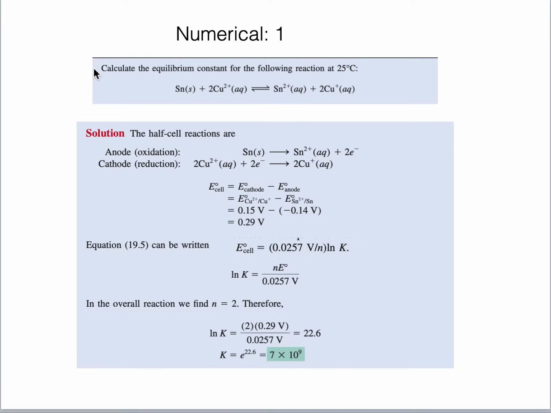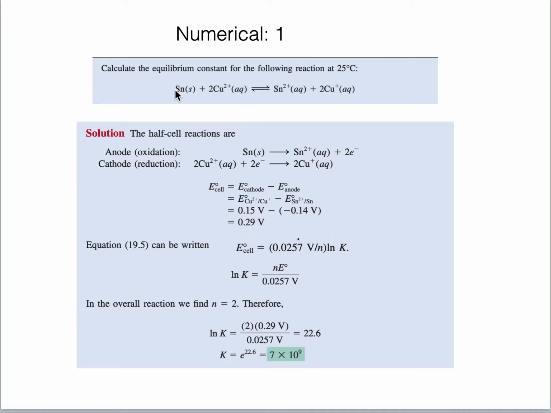Now, the first numerical is to calculate the equilibrium constant for the following reaction at 25 degrees centigrade. 1 mole of stannous solid is reacting with 2 moles of copper 2 plus, giving 1 mole of stannous 2 plus and 2 moles of copper plus 1.